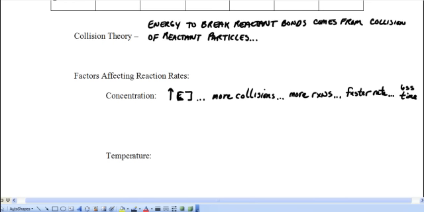Now, on the other hand, what happens if we decrease concentration? Now, again, I use these brackets to denote concentration. If you lower the concentration, the opposite will occur. You will have fewer collisions.